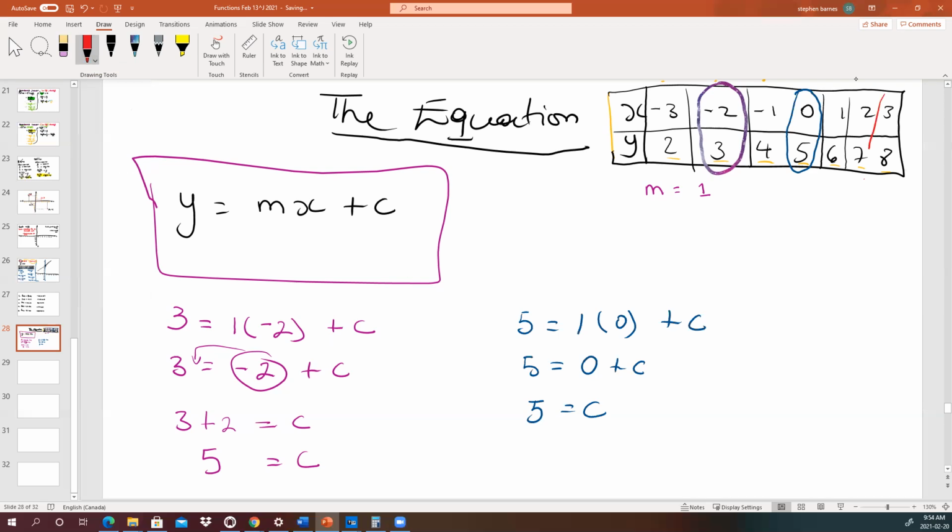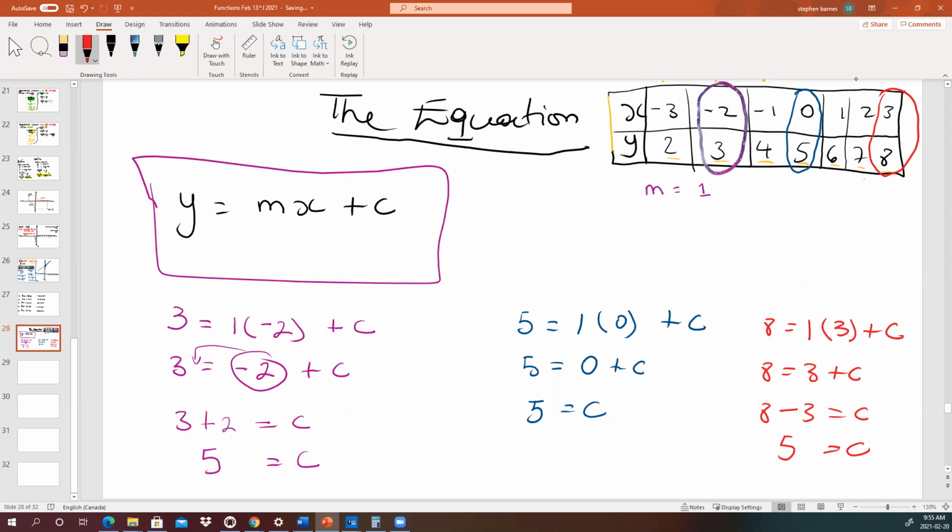And for emphasis, I'm using another one, this one in red, where y is 8 and x is 3. So I would have my y value being 8 equal my gradient, which I found to be 1, multiplied by my x value, which is 3, plus c. 8 equals 1 times 3 is 3, plus c. 8 minus 3 equals c. 5 equals c.